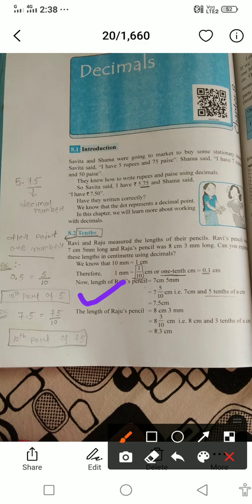Same here, 7.5 is written as 75 by 10, and we can say the tenth part of 75. So tenth means the tenth part of the actual number. This is called a decimal number, and it is a tenths decimal.